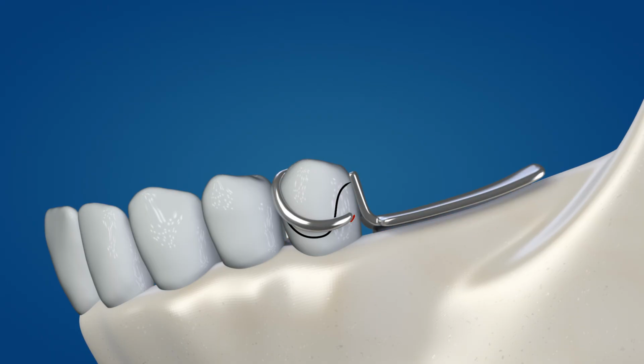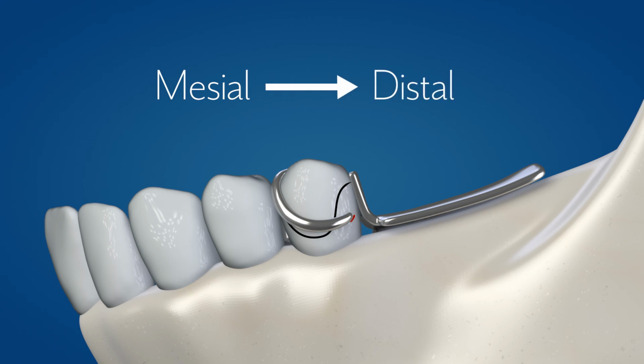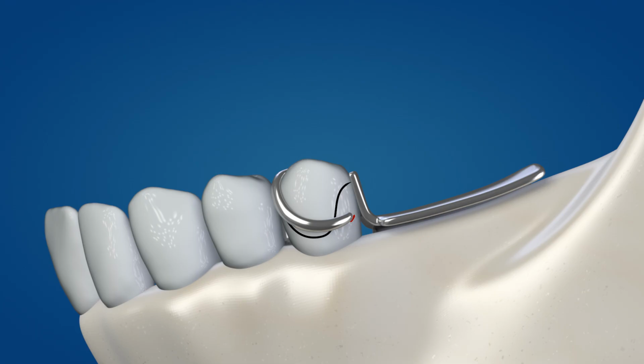When viewed from a facial perspective, it can be seen that the retentive arm originates from a high position on the mesio-occlusal aspect of the tooth and projects distally toward the extension base or cantilever. These characteristics define the assembly as reverse circlet in nature.